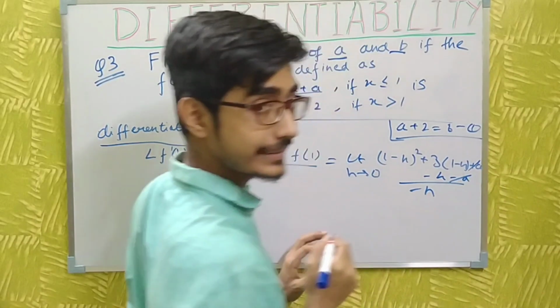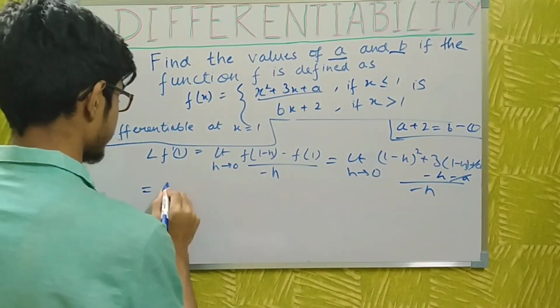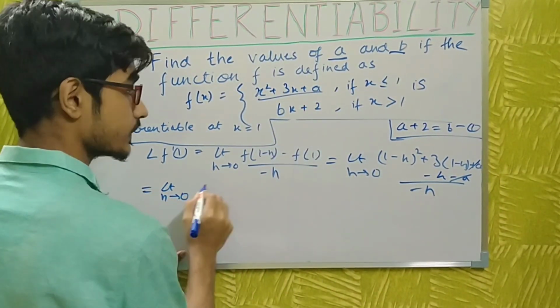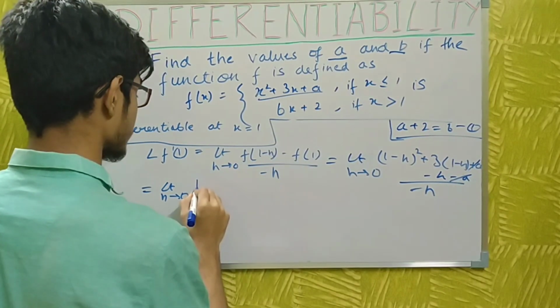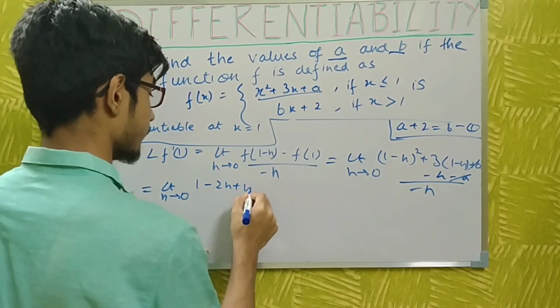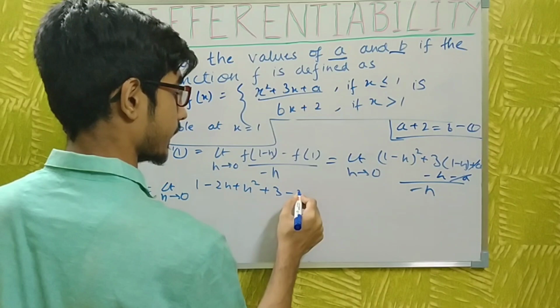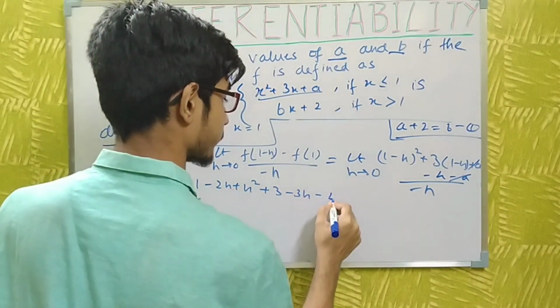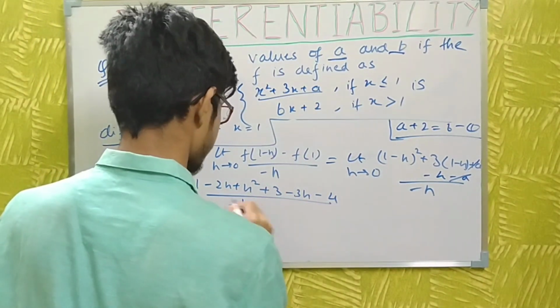So a and a cancel, so the value will be the limit h tends to 0 of 1 minus h whole square, which is 1 minus 2h plus h square, plus 3 minus 3h minus 4, by minus h.